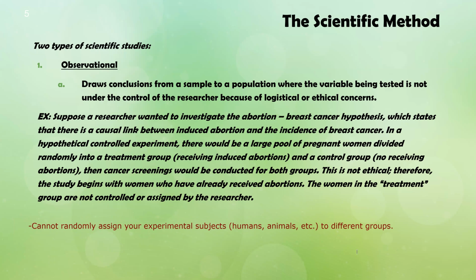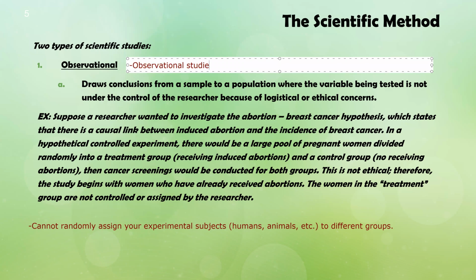So in order to say abortion causes breast cancer, we would have to do a controlled experiment, which I'm going to talk about next. So what I want you to note here is that observational studies can only establish correlation, not causation.